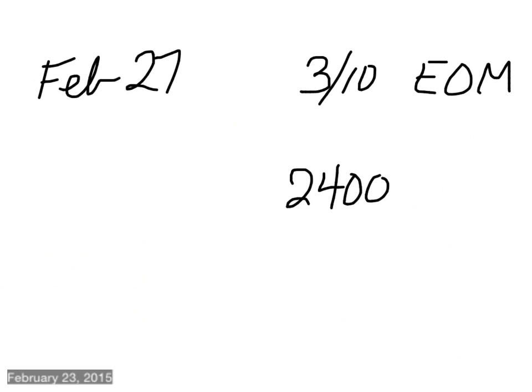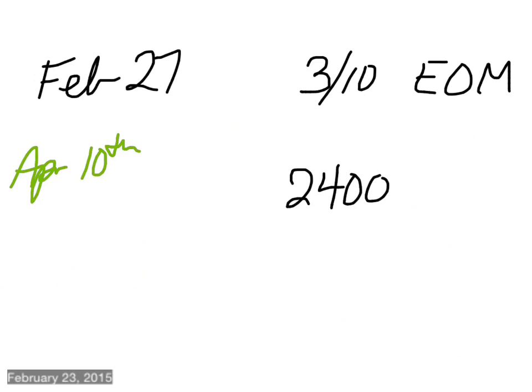So, is the 27th of February late enough in the month to give us the extra month? Yes, it is. So, it's not due in March, it's due when? April. So, this would be April 10th to get the discount. That would be the last day to get the discount.